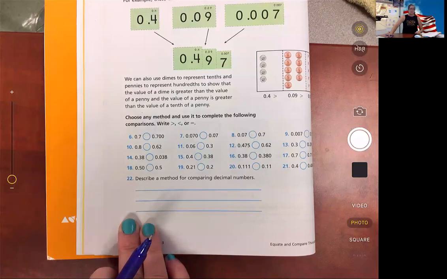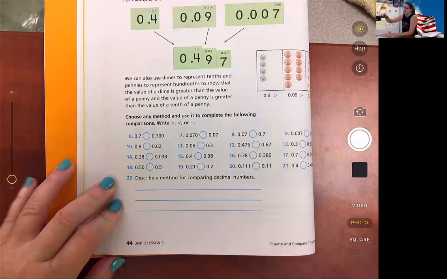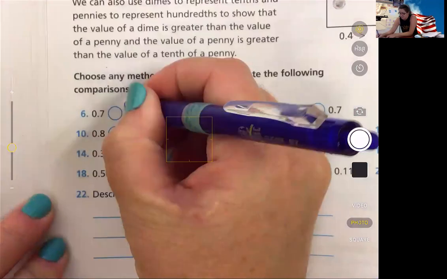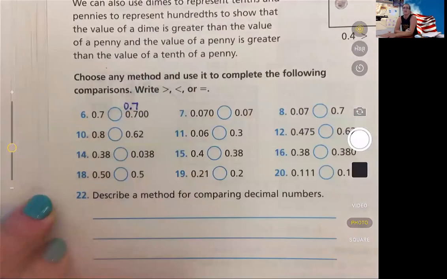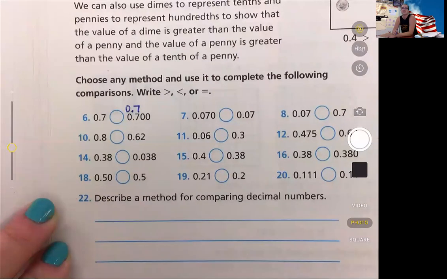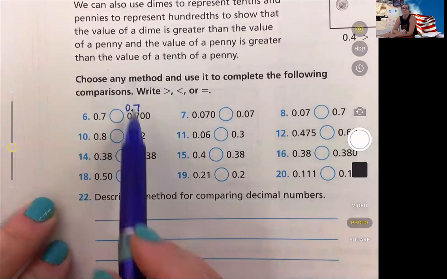It doesn't matter which one you stack on top, but you are lining up the decimals. Your decimals need to be in a row with each other. So I would want you to take my 7/10 and put it right on top of my 7/100. I lined up my decimals, and then I've got my zeros lined up and my sevens lined up.